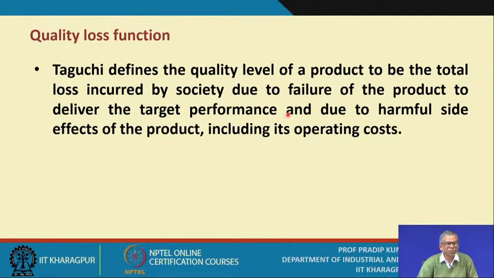So, what is the relationship between the quality of the product and the societal loss? If the societal loss that you compute is found to be very, very high, you say that the quality of the product is very, very poor.